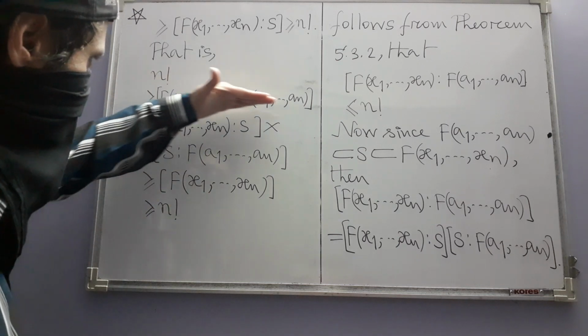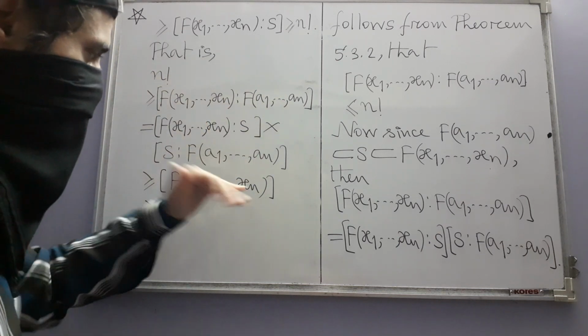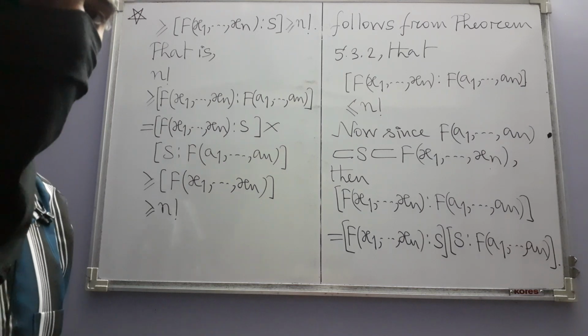That means all these things you see now, each one of them has to be equal to n factorial.